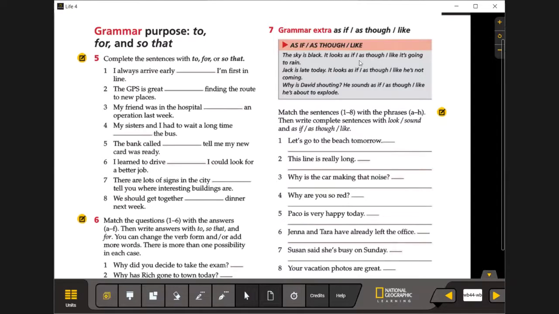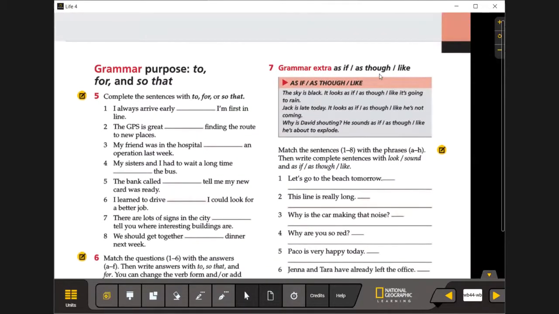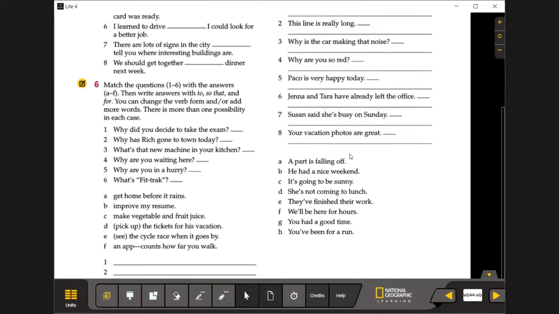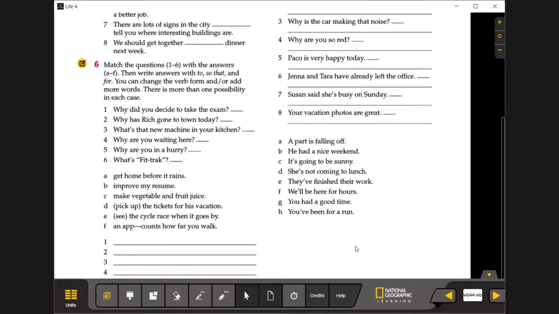And remember that here, as if and as though are exactly the same. I told you, many people say that as if is more British, as though is more American. Well, in the end, it's the same. So you are simply matching these sentences with this one. That's all we are doing. Is that okay?